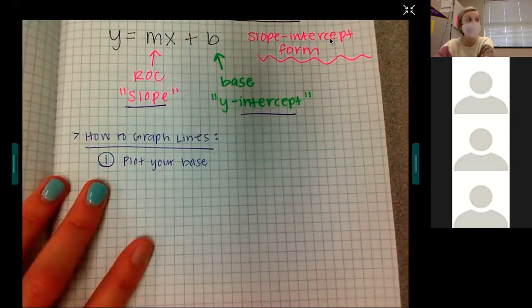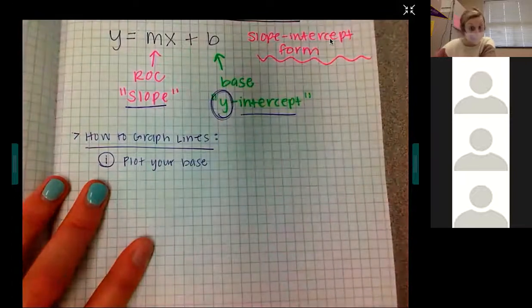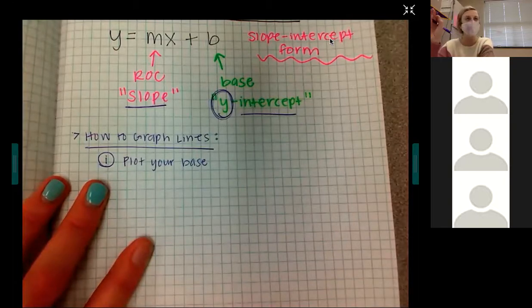The base is a what kind of intercept? Y. So where does it go? On the y-intercept. Yes, I'm not trying to trick you. It's a y-intercept. The base goes on the y. If you put it on the x, the whole thing is wrong.